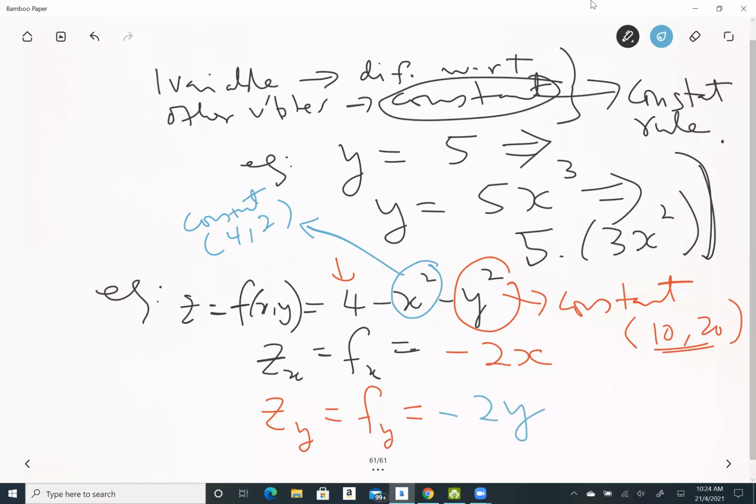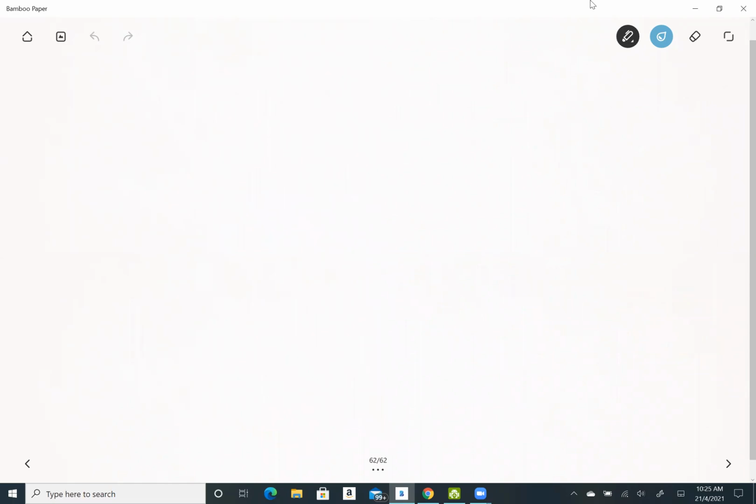Okay. Let's consider another example. So you go to 14.1. There are a few more examples that we can do. So example number 2. This one very easy. Z equal to 4x minus 3y. That's question number 2 in the book lah.